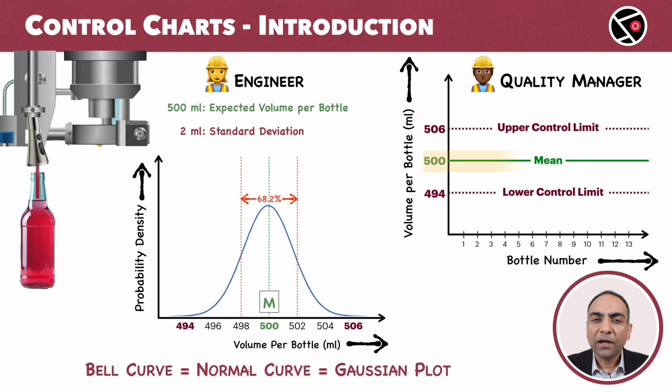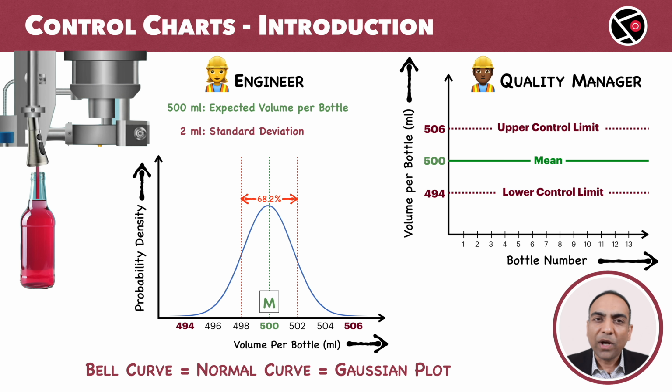This horizontal line at 500 ml is the mean, the expected volume provided by the engineer. Upper control limit, UCL, is set at 506 ml and the lower control limit, LCL, is at 494 ml. But where did these numbers come from?